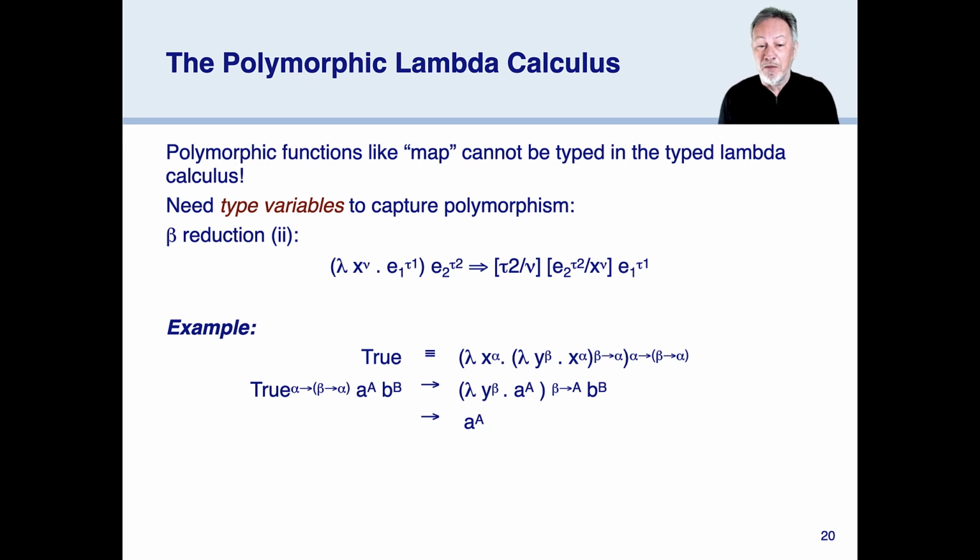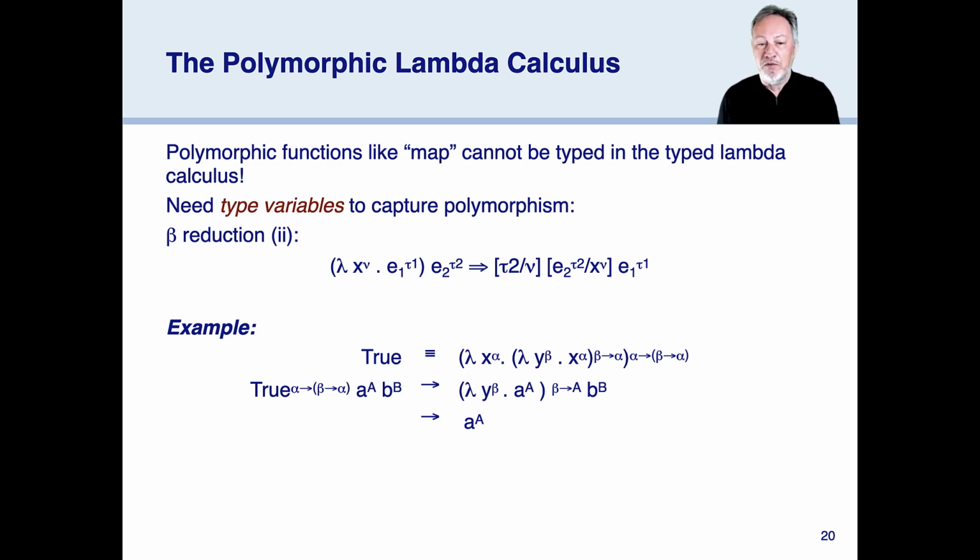So now I can have a completely generic truth value, which is expressed in terms of type variables alpha and beta. So we have, as before, lambda x, lambda y dot x, as we had in the untyped lambda calculus, except that x and y have the generic types of type variables alpha and beta.